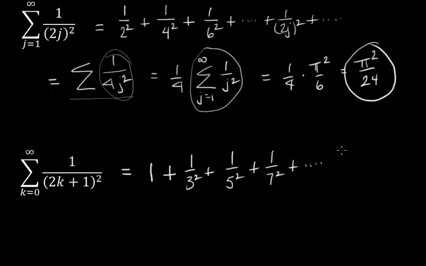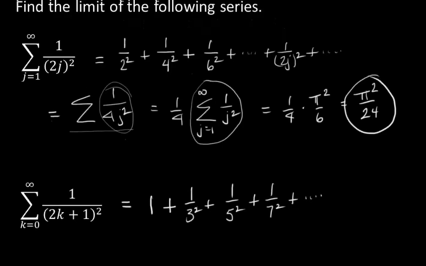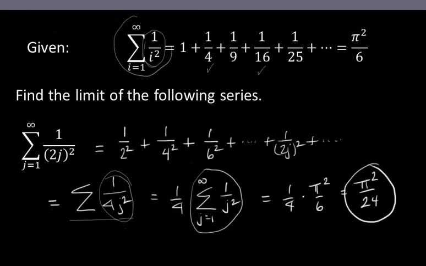So if you look back at the original series that was given to us, this one, we see that the 1 over 2j squared gave us these, and the 1 over 2k plus 1 squared is giving us the odds.